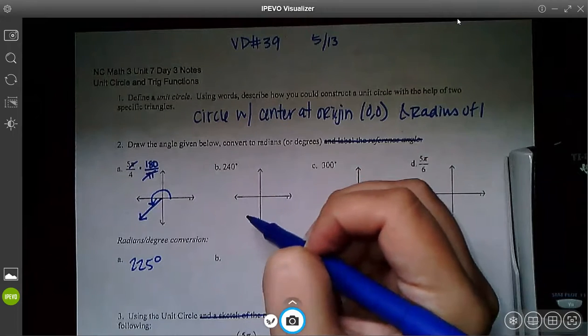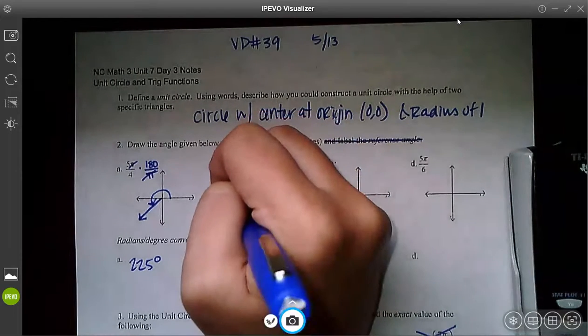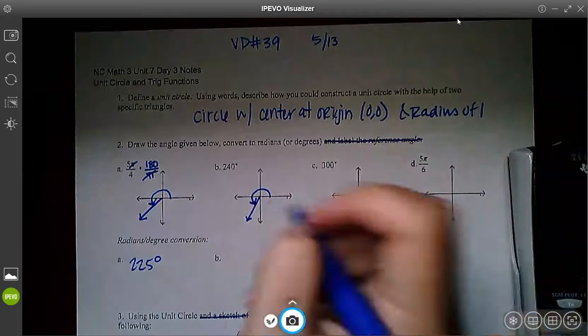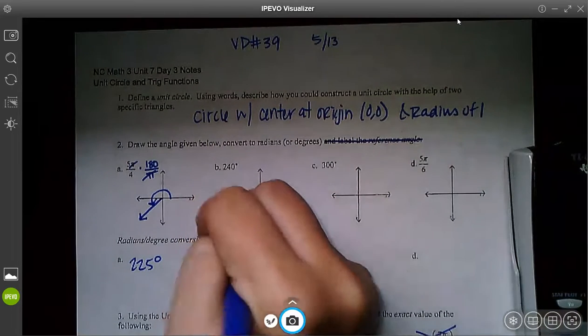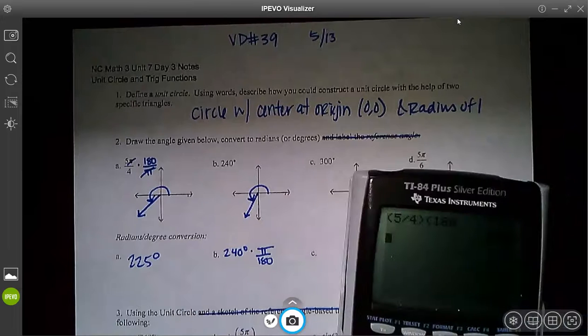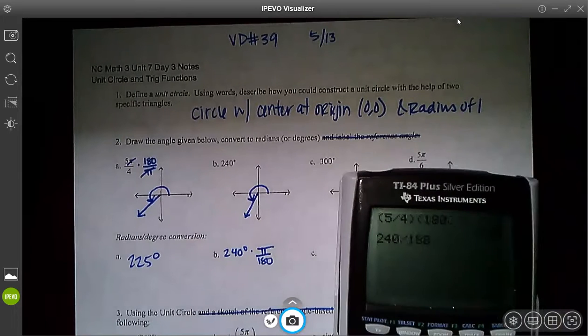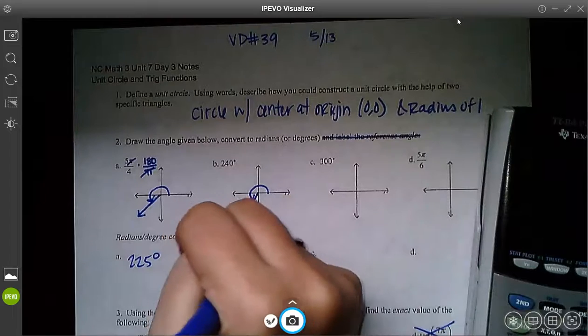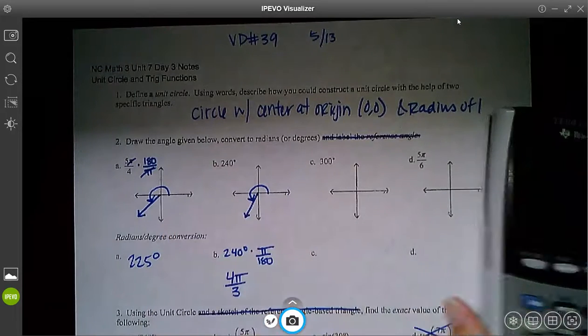It's going to be 30 degrees less than 270, so it's going to be about right there. And then to convert that, you're saying 240 times pi over 180. So 240 divided by 180, you want to make that a fraction, 4/3, so 4 pi over 3.